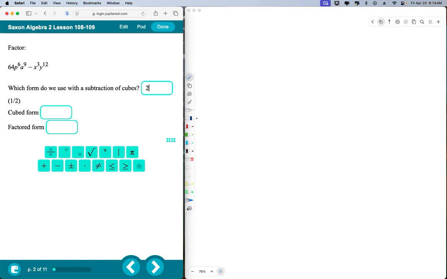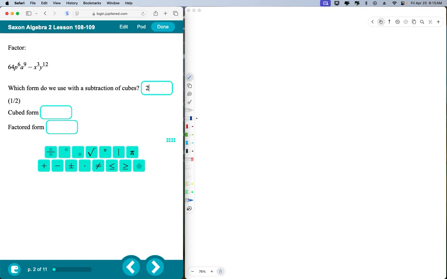So first we learned to add, second we learned to subtract, right? That will tell you which form this is. Subtraction is the second form. I like to use little things like that to help me remember the order of things.